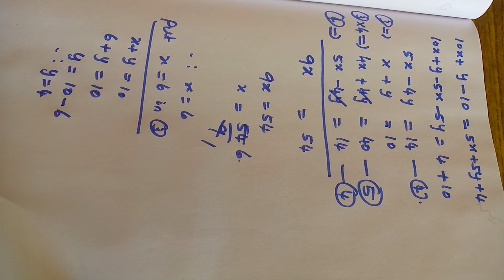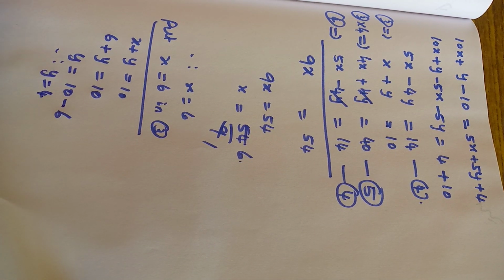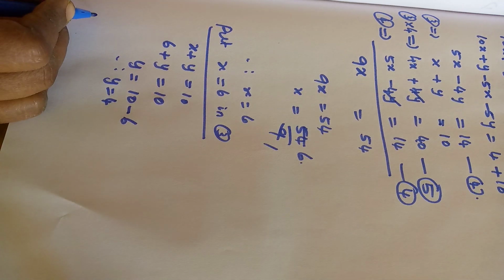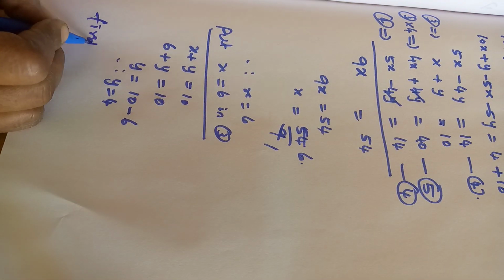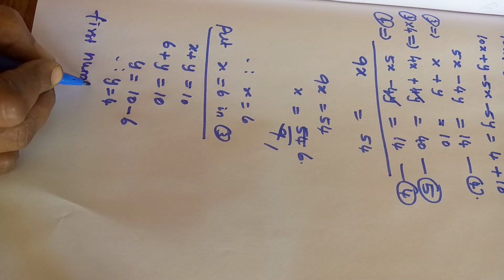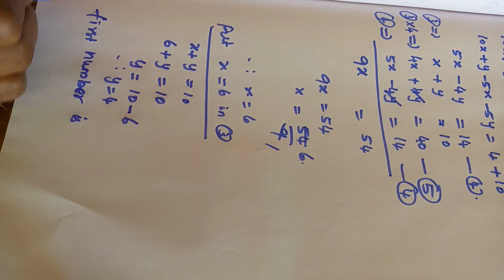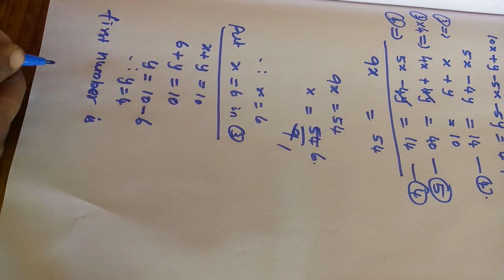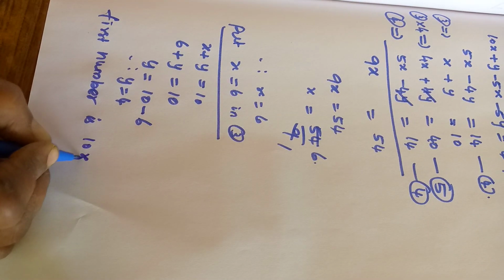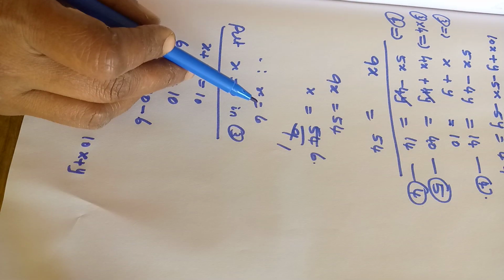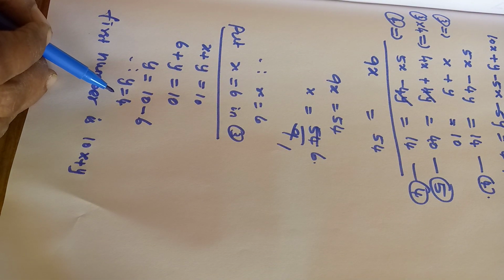They asked what is the first number, that is our question. What is the first number? 10x plus y, is it? What is the x value we have? 6. What is the y value we have? 4.